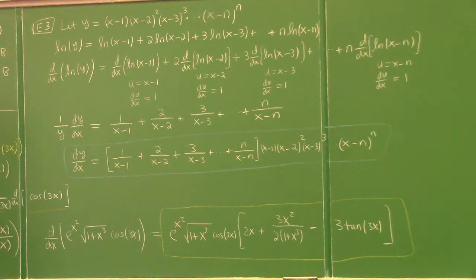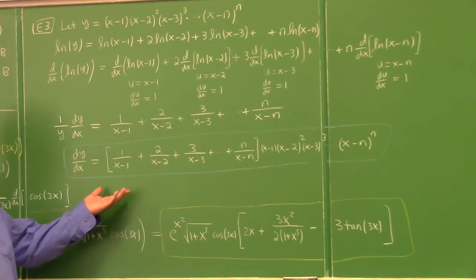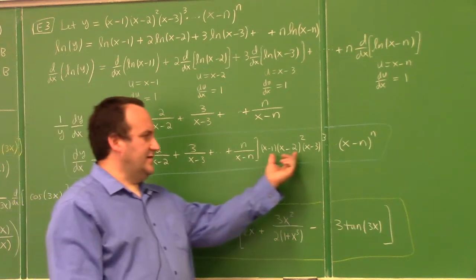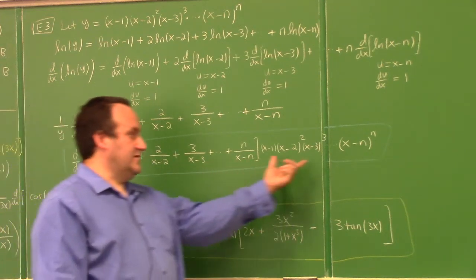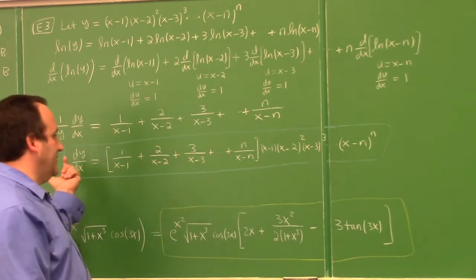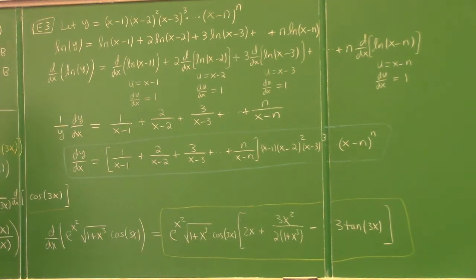It would be just a colossal mess. Logarithmic differentiation not only made the differentiation process easier, it also simplified our answer. We factored out what we could. And you could multiply this back in here, if you wanted to, and recover the answer you would have got through direct differentiation just the same.